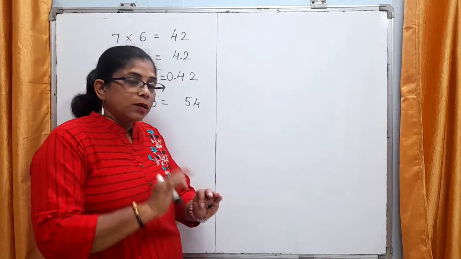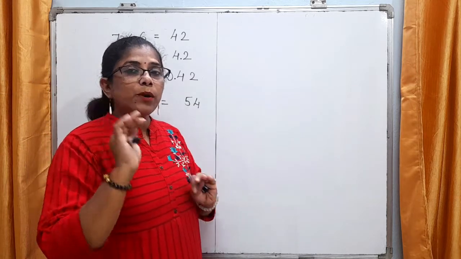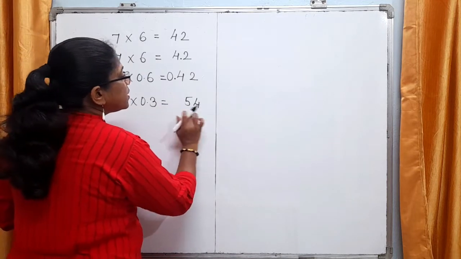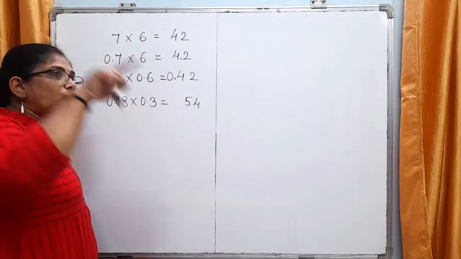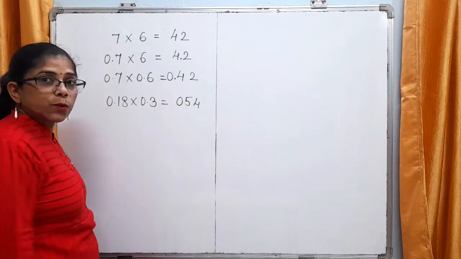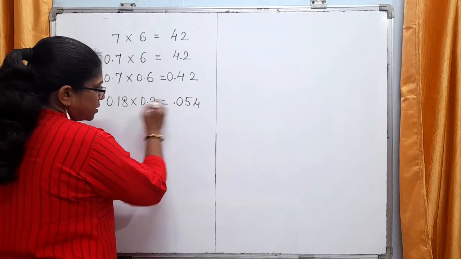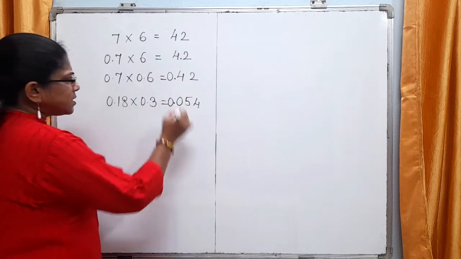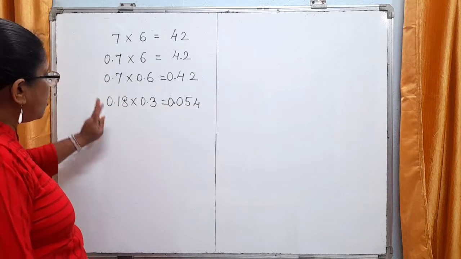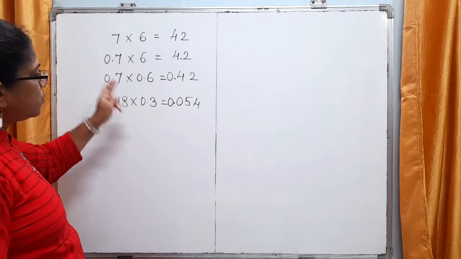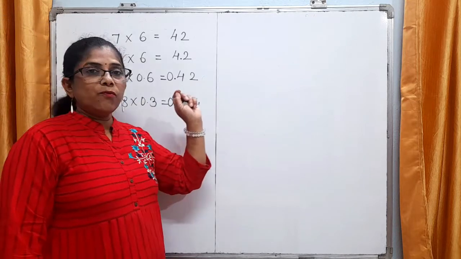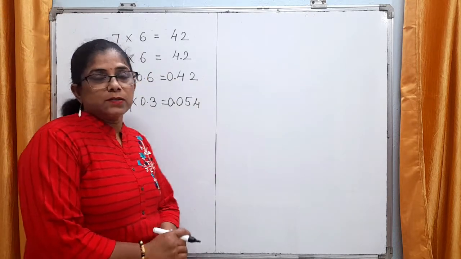We want 3 digits after the decimal point in our answer. But here in our answer, we have only 2 digits and we want 3 digits. So we have to make it 3 digits by adding 0 here, and then put the decimal point. As there is no digit before it, we have to write 0 here. So 0.18 into 0.3 is 0.054. This is the answer.